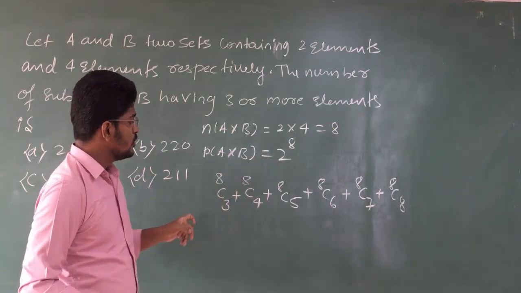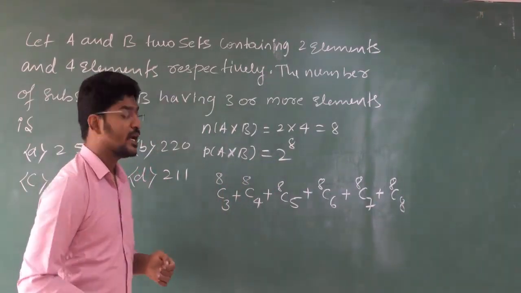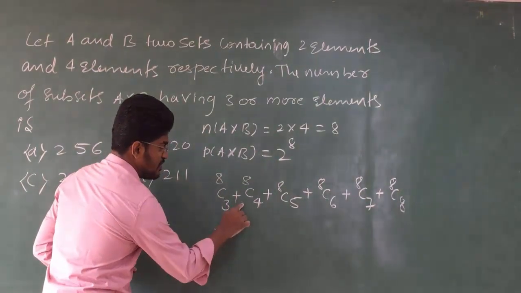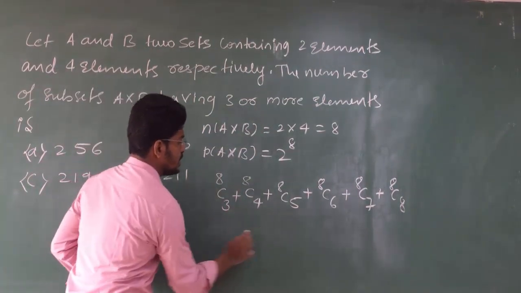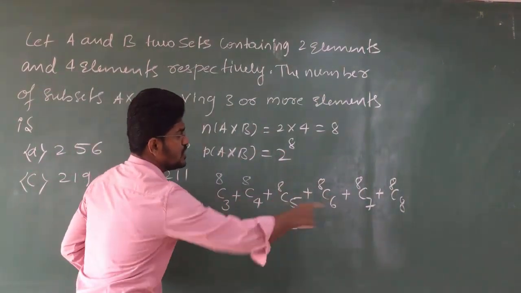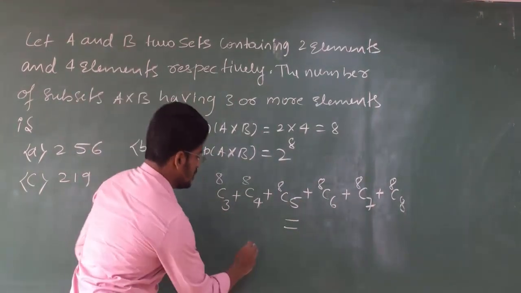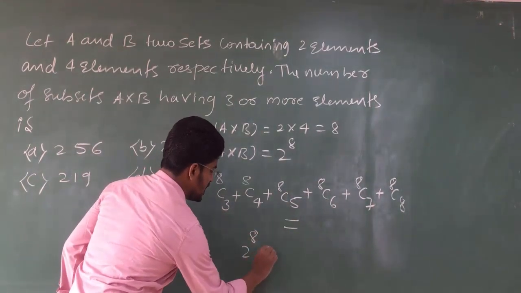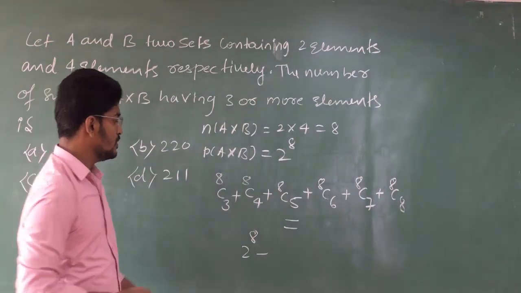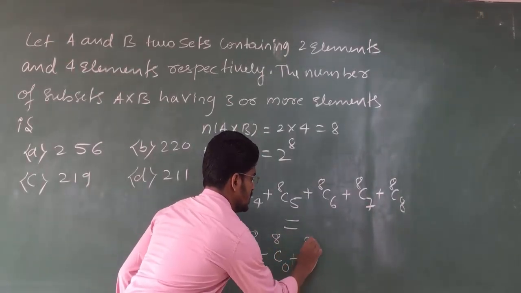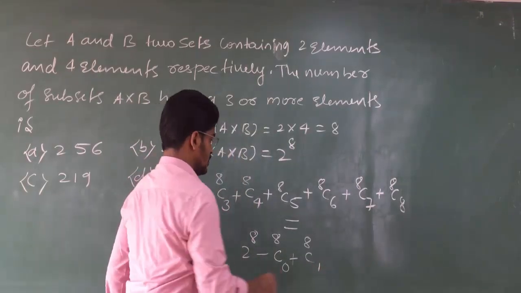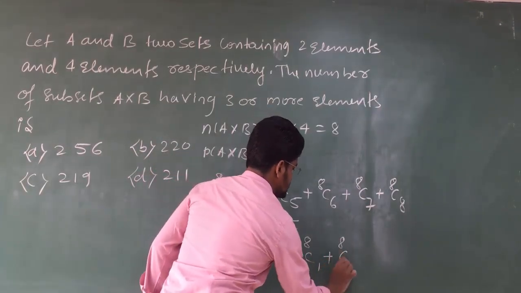So to solve this directly, it will be very complicated. So what I will do, the same term can also be written as 2 to the power of 8 minus (8C0 plus 8C1 plus 8C2).